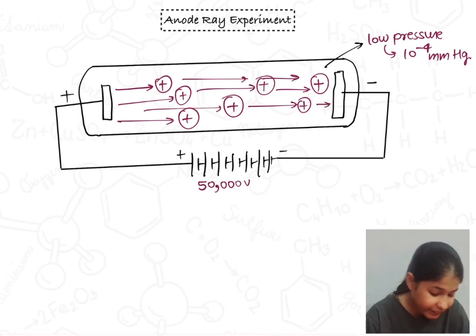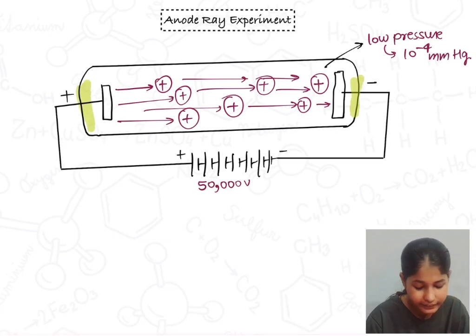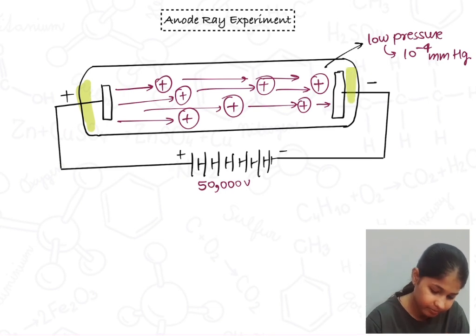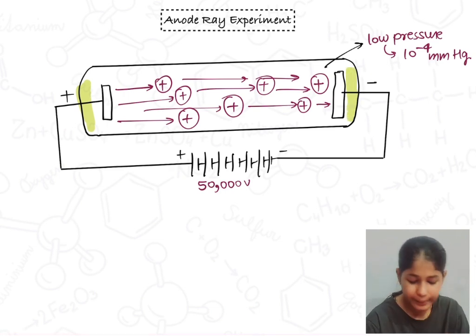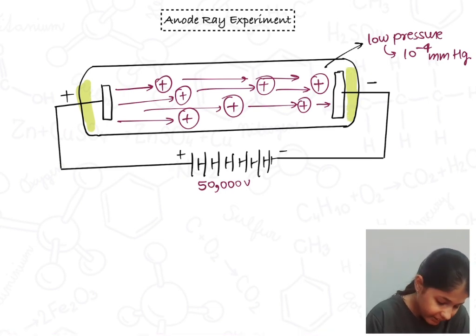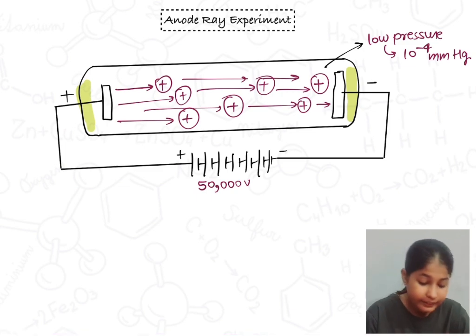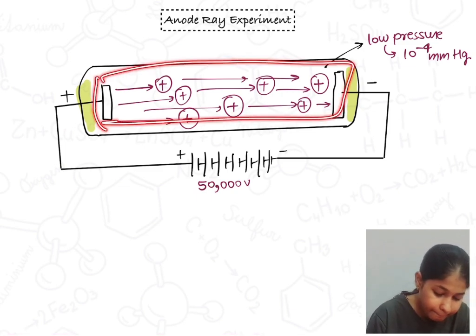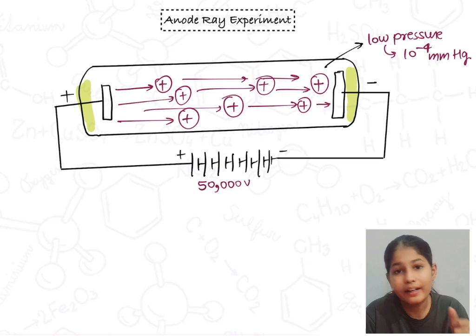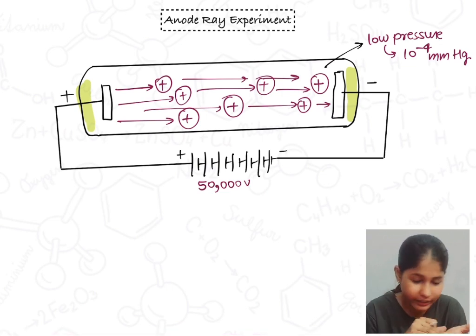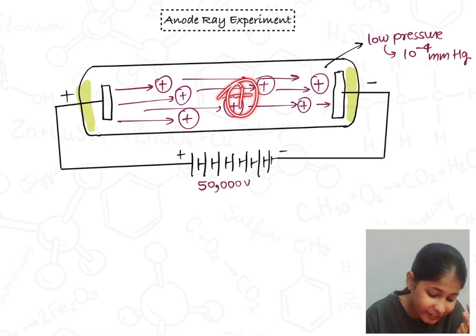Now, how did they know? Because of the fluorescent screen. Okay, this is our fluorescent screen. So now, this beam of ionized particles, it was not considered that they are positive particles.